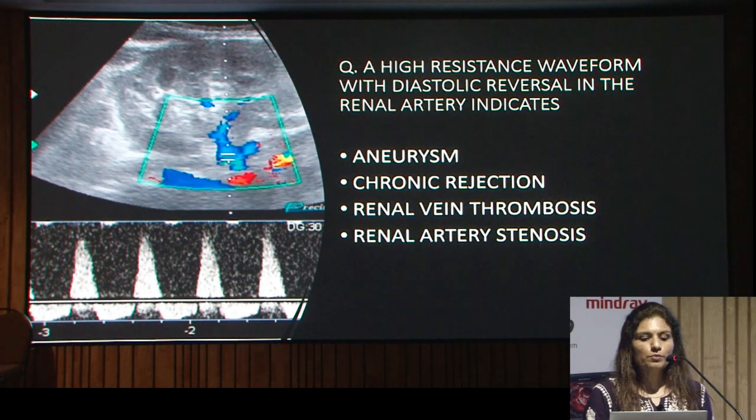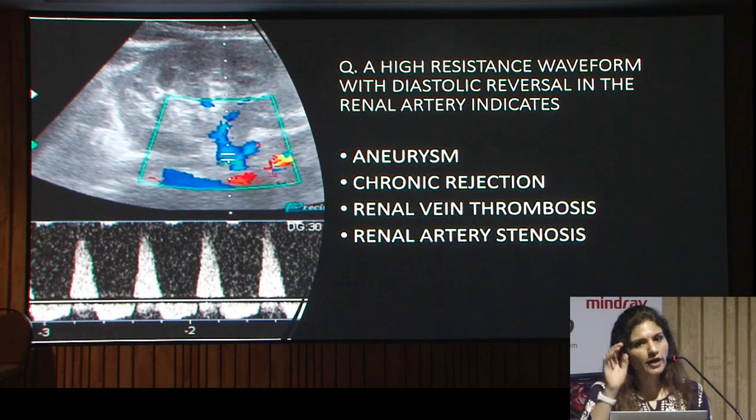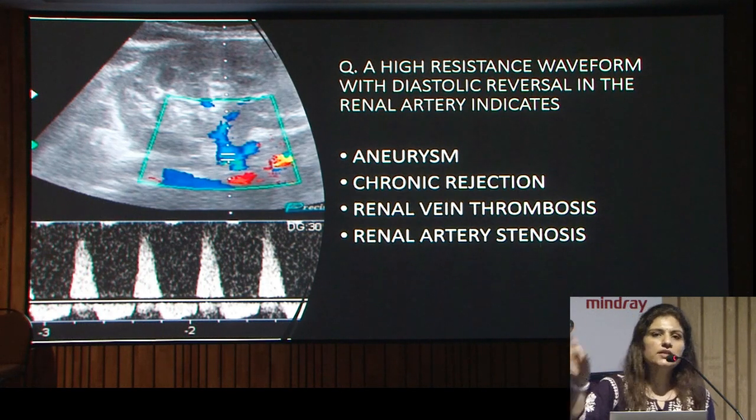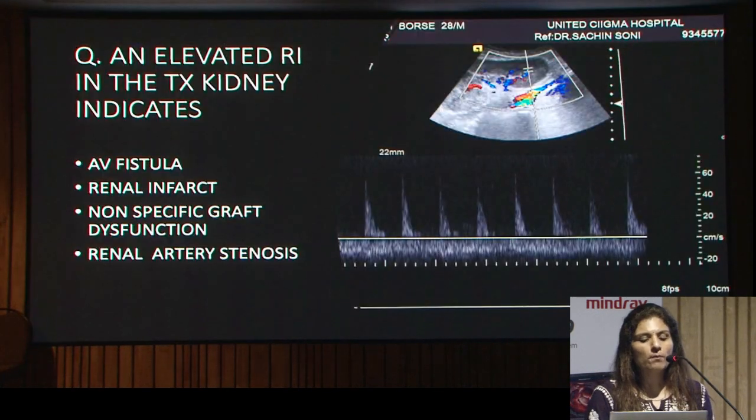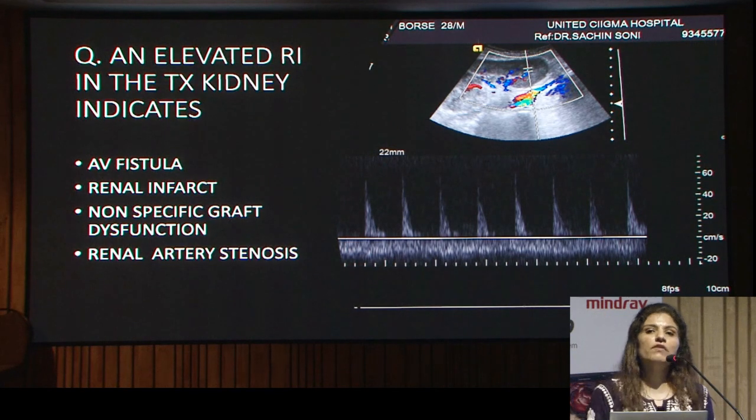Aneurysm is not going to present like this; we know it will show a very pulsatile or yin-yang flow within it. Chronic rejection is not going to show you any reversal of flow. It might show you a high resistance flow, but the renal echogenicity and the size are going to help you. Renal vein thrombosis, as we said, is going to present as pulsatile flow or reversed flow within the renal artery.